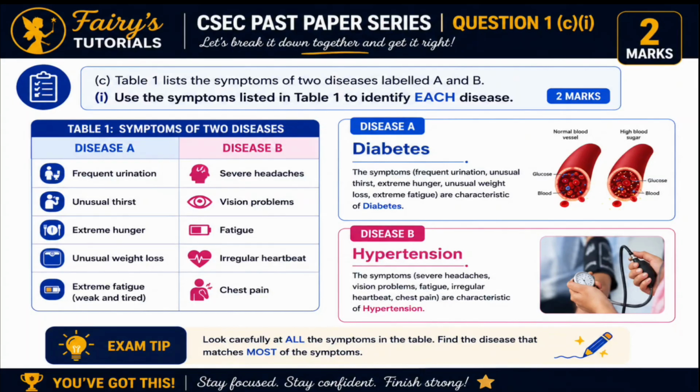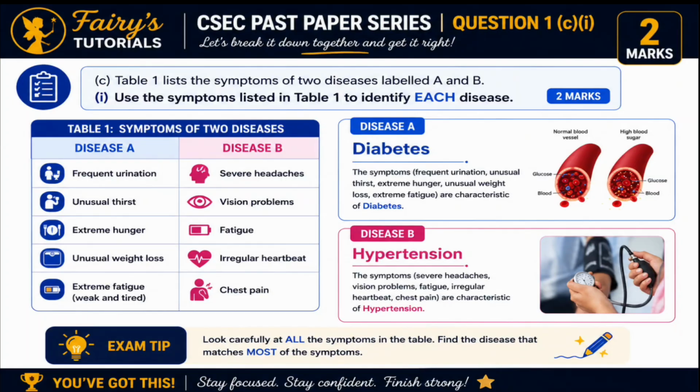So it's no longer cardiovascular disease, because severe headaches can also lead to strokes and stuff like that, right? So therefore, to narrow it down, hypertension would have been the most ideal answer because it covers all of these diseases, right? And these are also the characteristics for someone who is hypertensive.